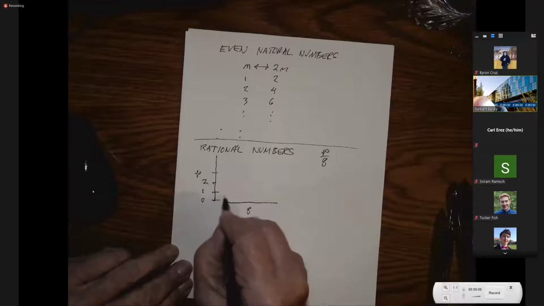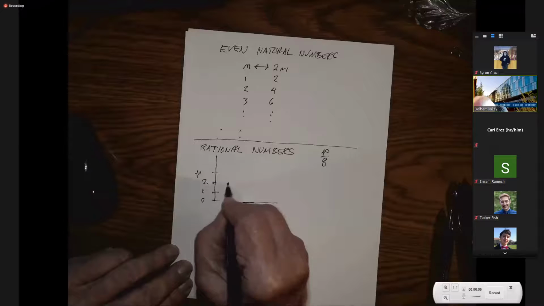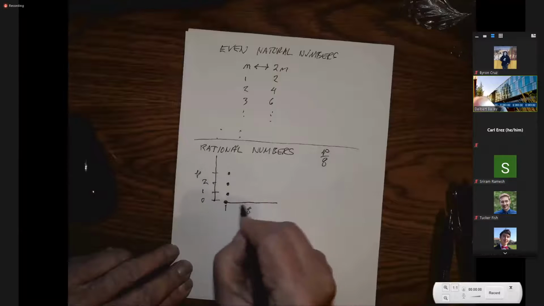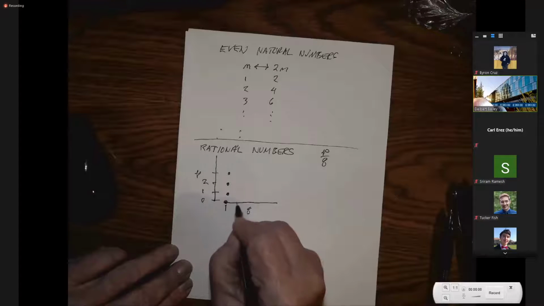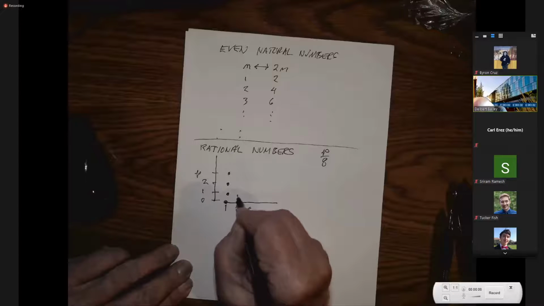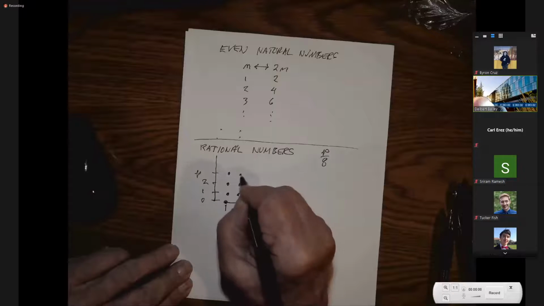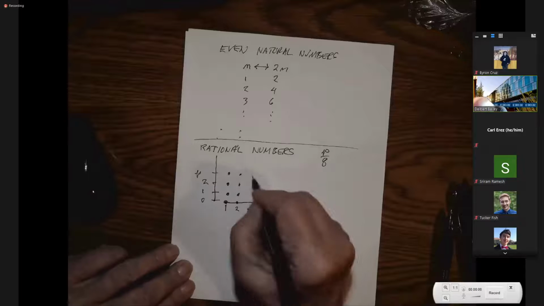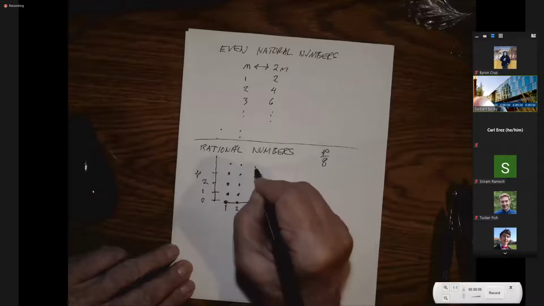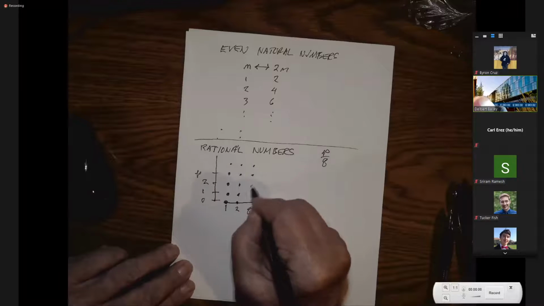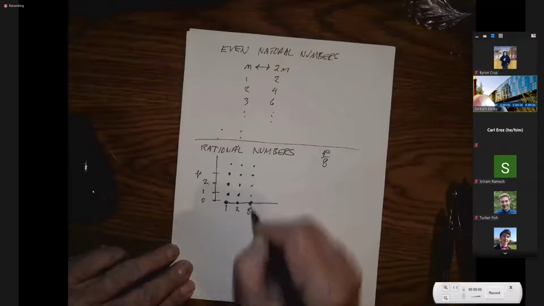So this is 1, this is 1, this is 1, this is 1. Here are the halves, etc. So you can see that these correspond to the points on this grid.